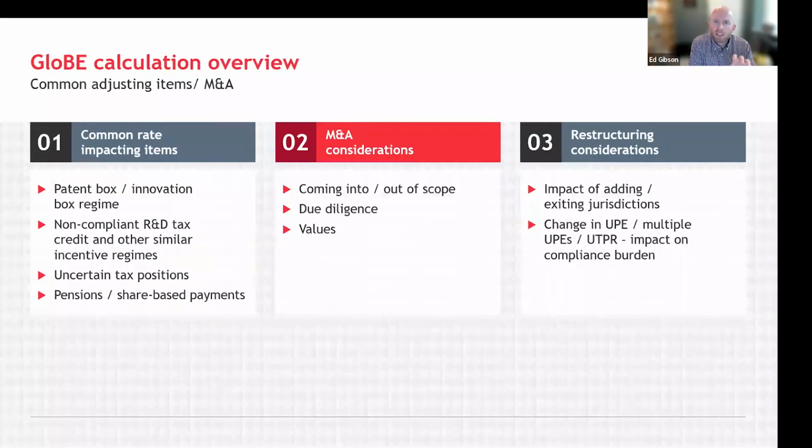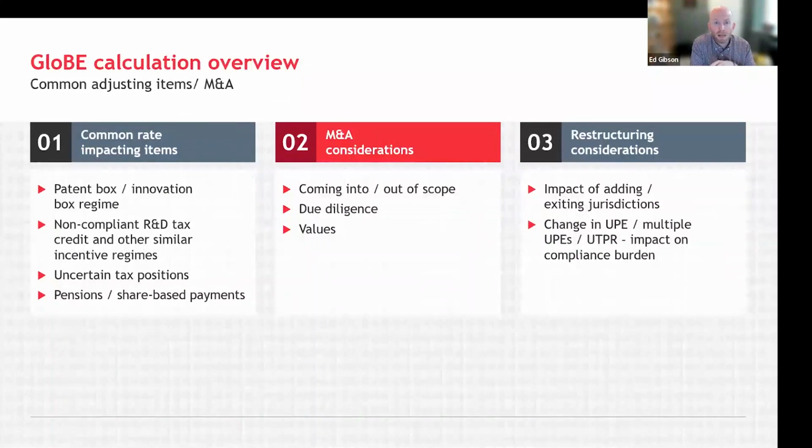So this slide is just highlighting a few key points that we picked up on in some of that, but not all of them. So one of the things that's quite commonly asked is, what are the common rate impacting items? What's going to drag my ETR down below that 15%, particularly in a high tax jurisdiction, if we're thinking about that stat that Ross started off with. So the most common ones that we're seeing at the moment are things like patent box.